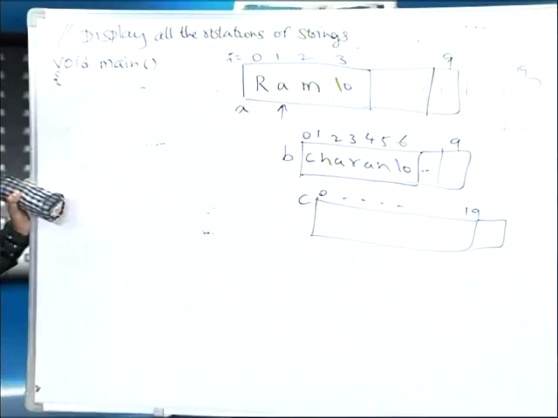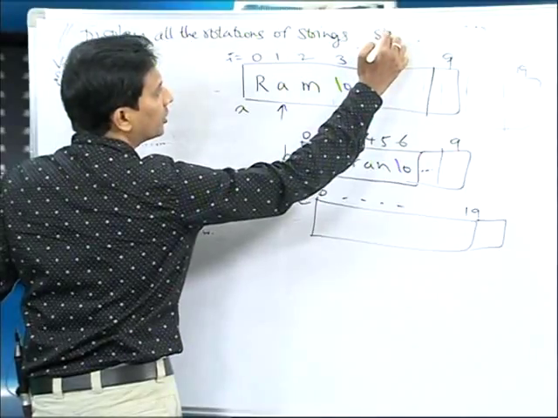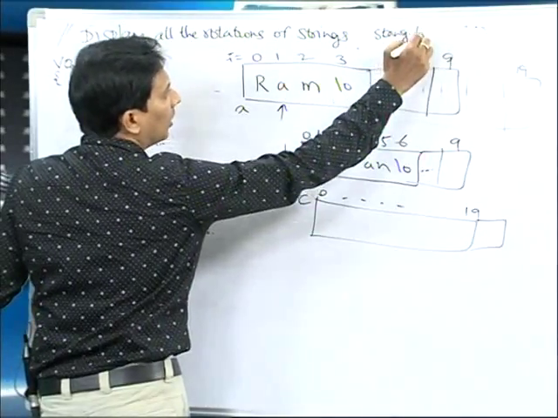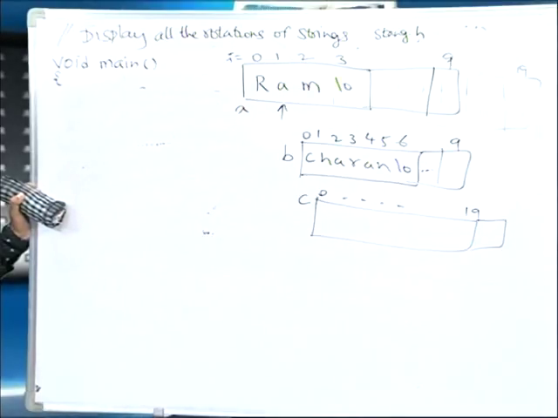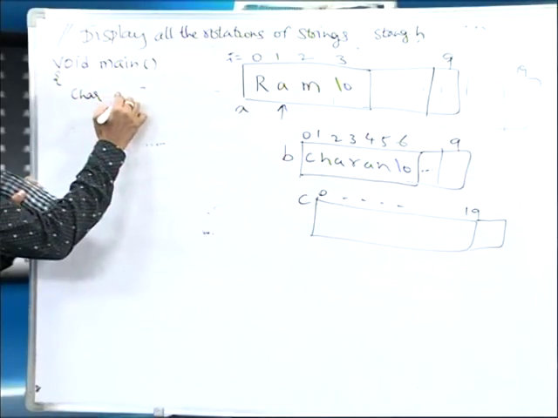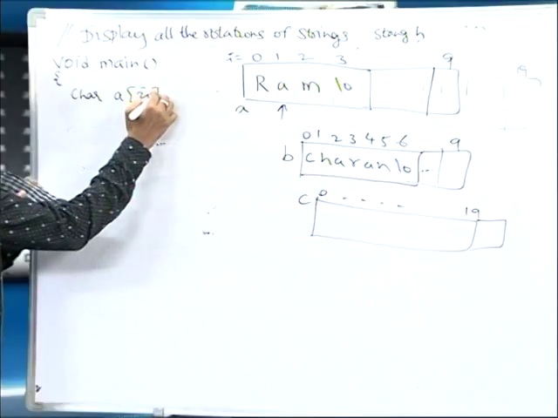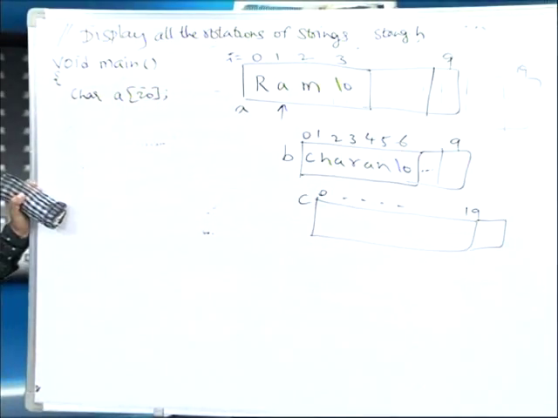So you should include string.h here, hash include string.h. While you are calling any string handling functions, you must include the header file, that is string.h. So next, char a of 20. One array is created of size 20.